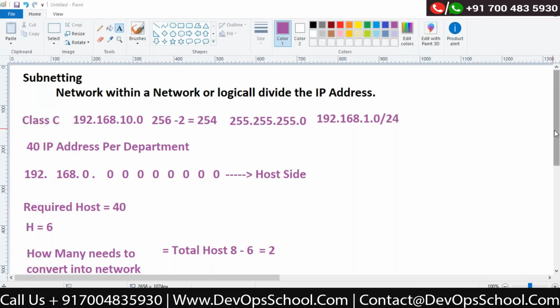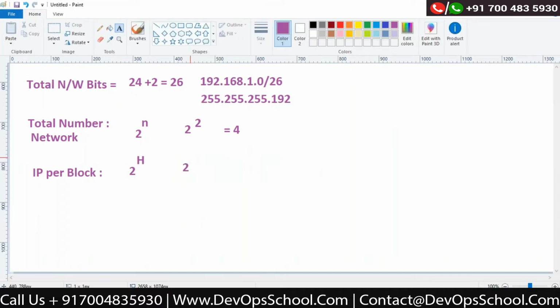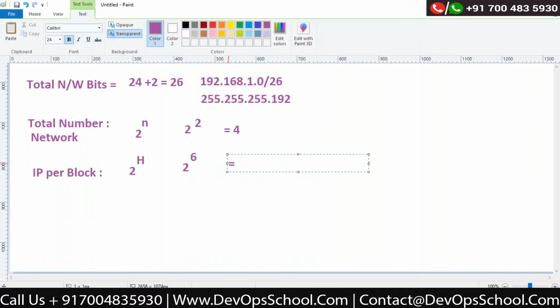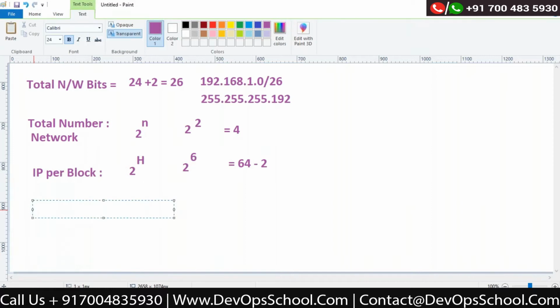So 2 raised to 6 is equal to 64, correct. Technically how many can we use? 64 minus 2 per network. Per network I am getting this value. How many networks am I getting? This many. Okay, that's fine. But how can the network range be defined now? What would be the range?